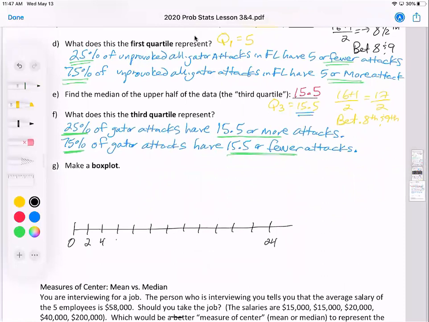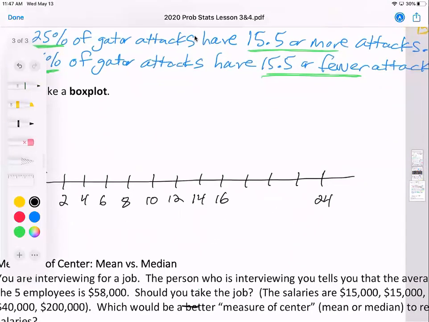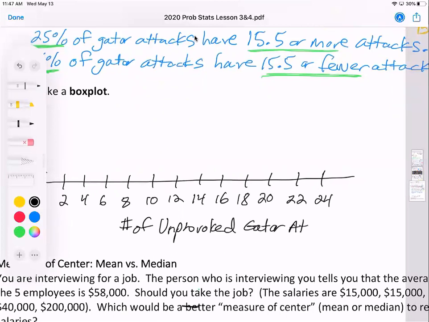And this is the number of unprovoked, ooh, I almost said provoked. We don't want to provoke the unprovoked gator attacks in Florida over a 33-year period.